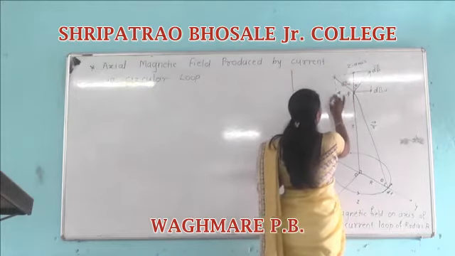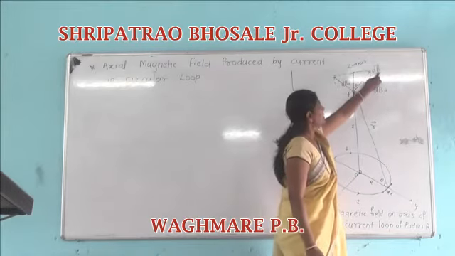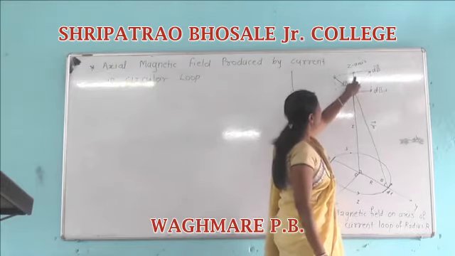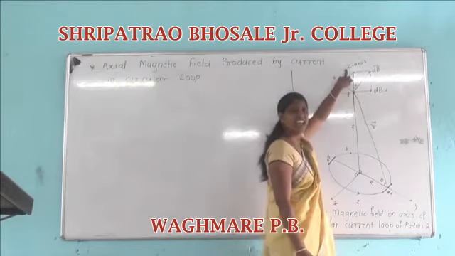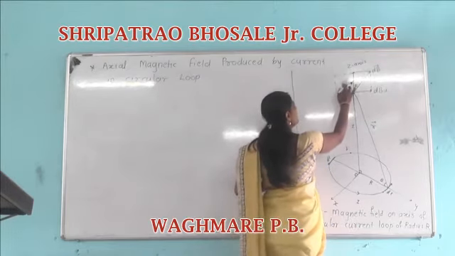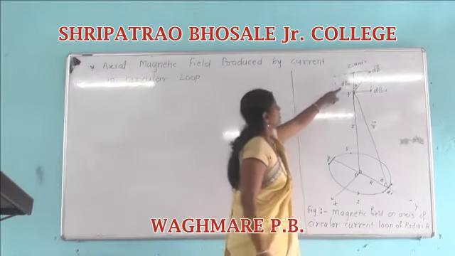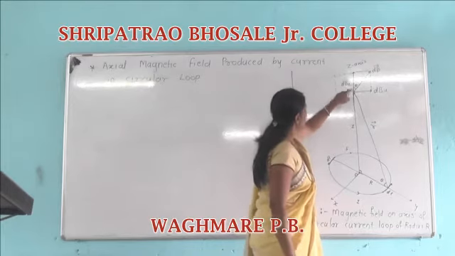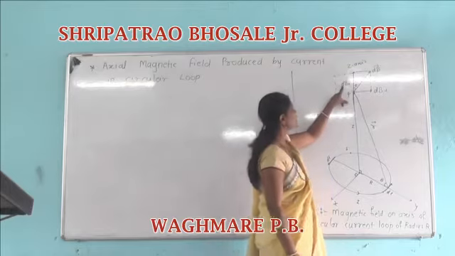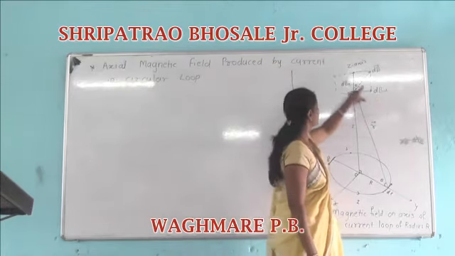Then the components of this dB: one component is along the z axis, which is dB parallel, or dBz, and we can find it out. The other component, which is perpendicular to this, is the dB perpendicular.